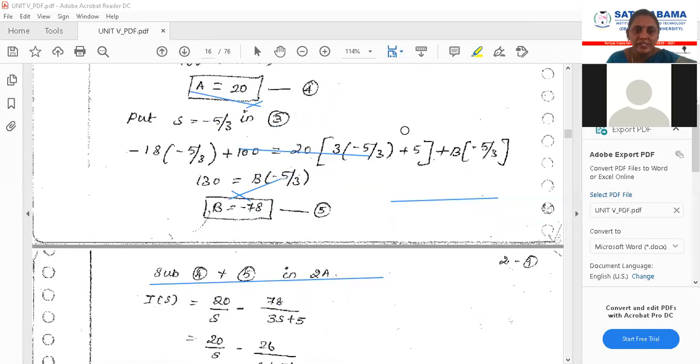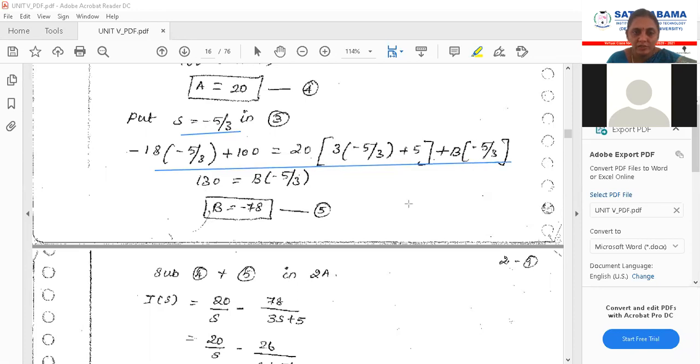Next you have to find out the value for B. So to find B, again put the value for S. Put S is equal to minus 5 by 3. When solving this, substituting S is equal to minus 5 by 3, you get this equation.